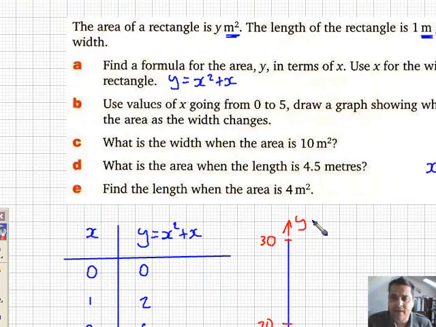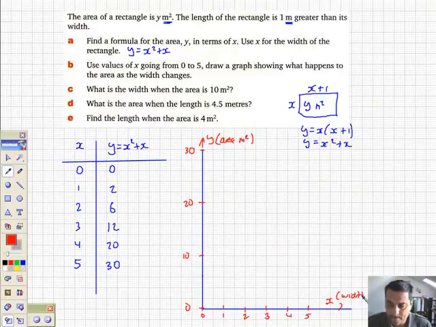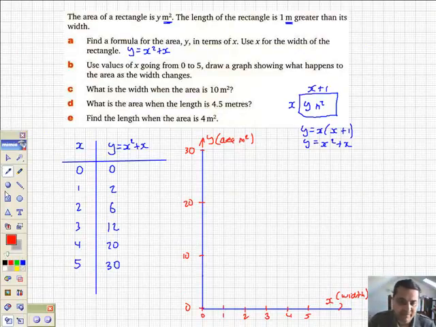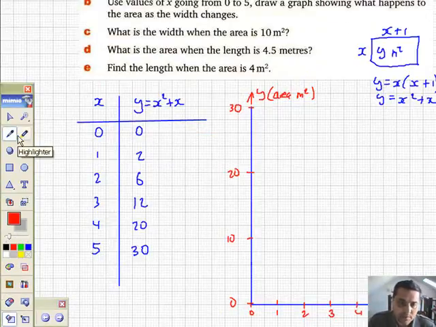And y is in fact the area, so this is the area in meters squared, and this x is going to be the width, and that's measured in meters. Hopefully you can see that. That is the width of the rectangle.